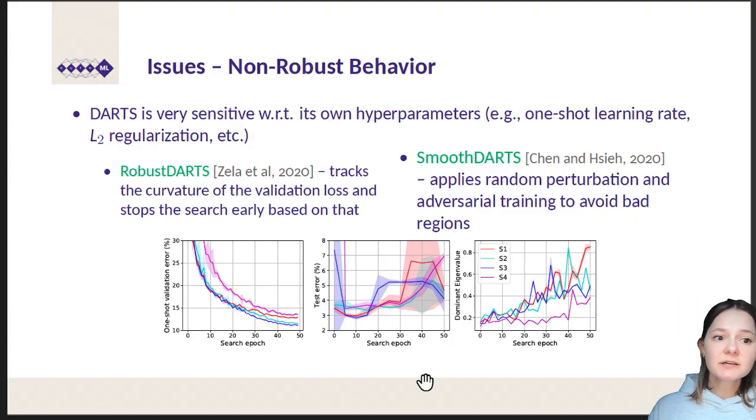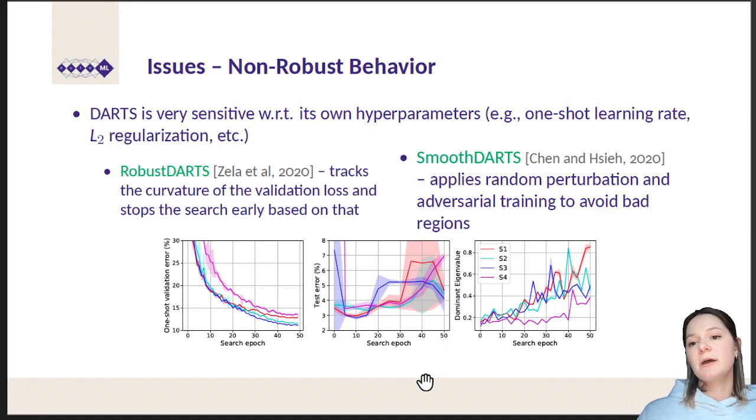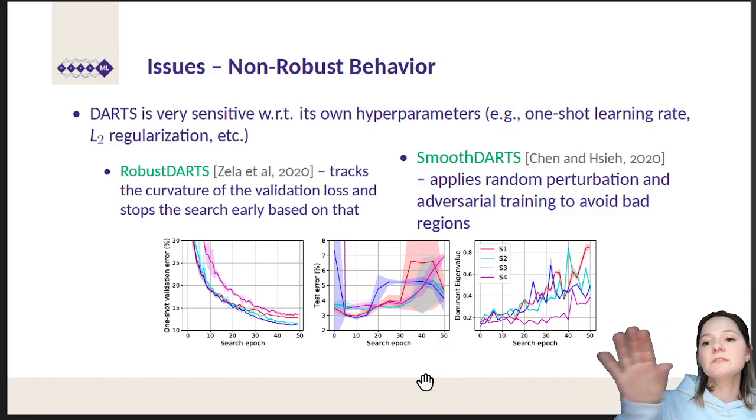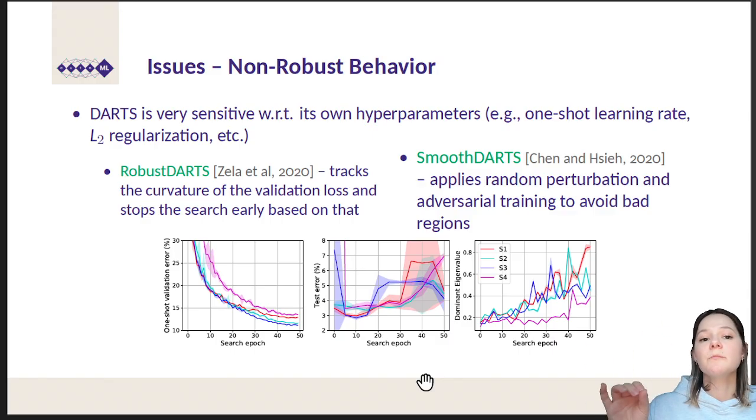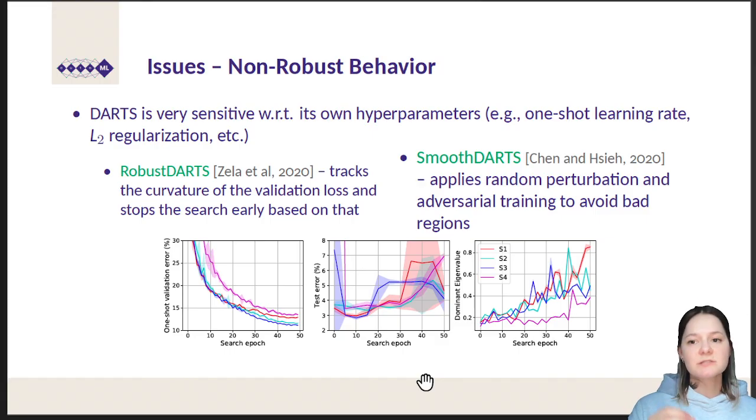The idea is to have smoother behavior with respect to any kind of perturbations. If you have a very sharp optimum and some perturbation, then you go very far from the actual minimum. In order to make it smoother, they include random perturbation in the training, or apply adversarial training. This is similar to what we would do in images as well.